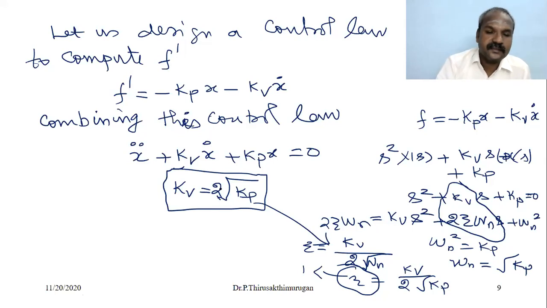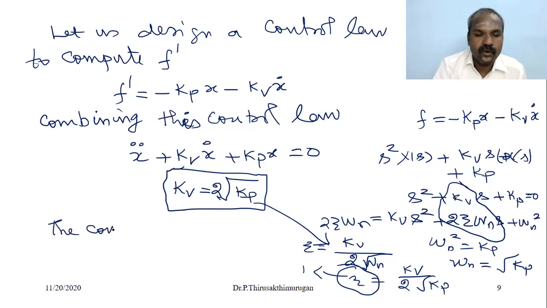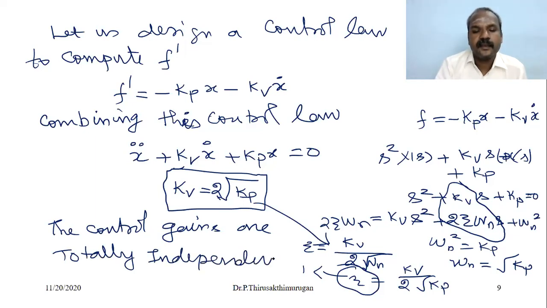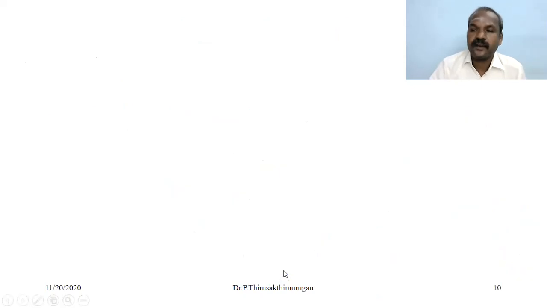From this equation, the control gains are totally independent of the system parameters. Understand?